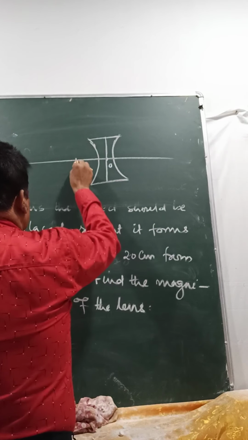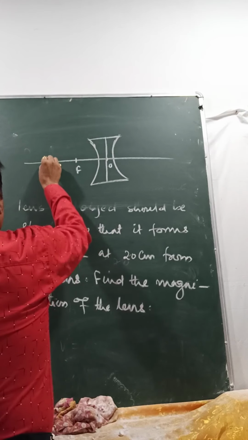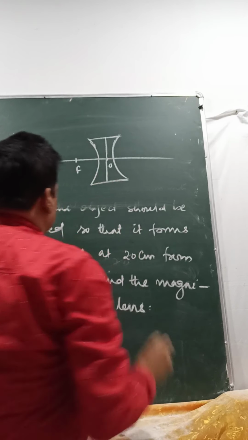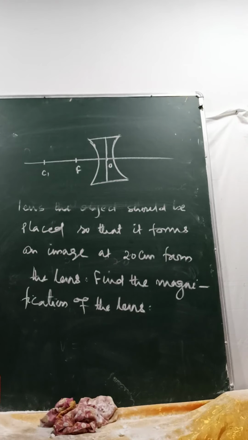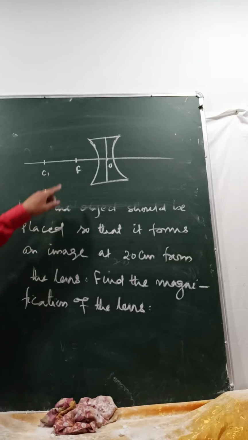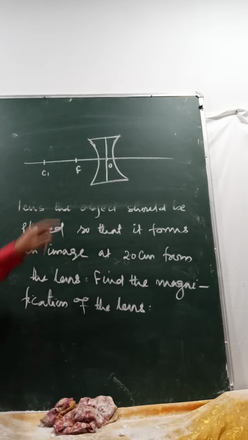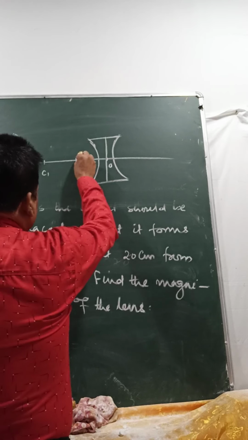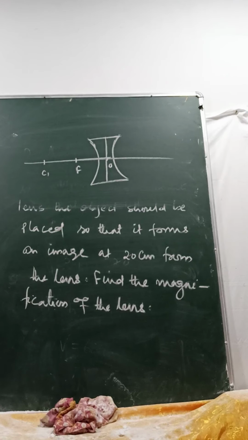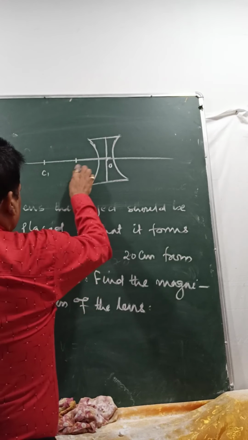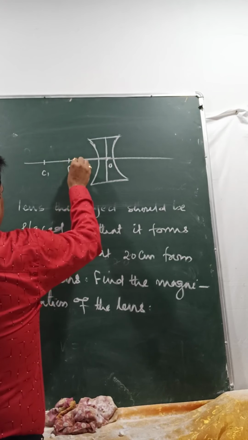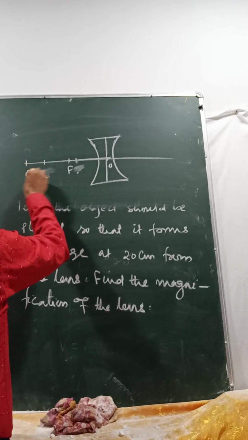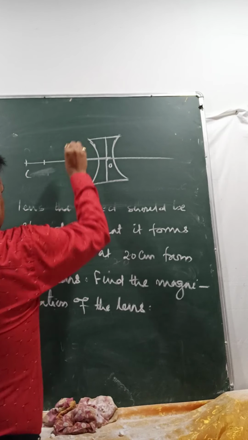Optical center, this is suppose focus, this is center of curvature. Now your question is of a concave lens of focal length 30. Object is placed 20 centimeter. If the focal length is 30, I will put F a little more here, and this is C. The object is placed here.